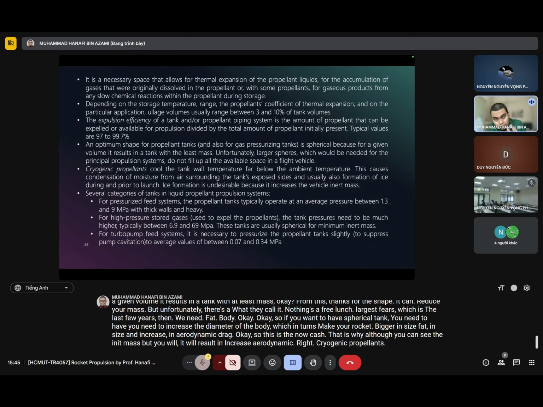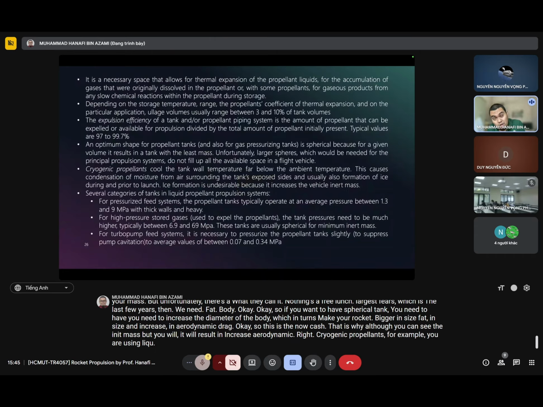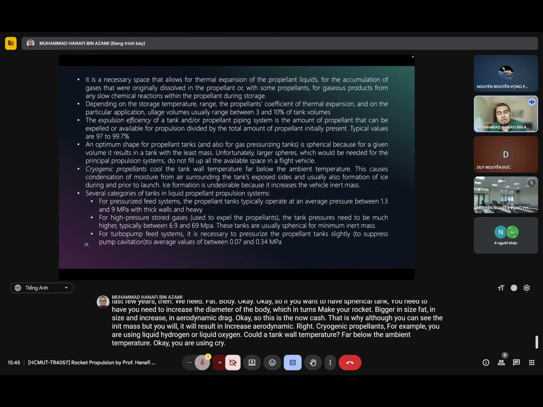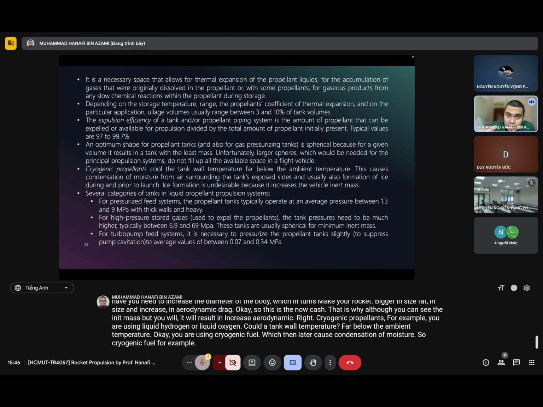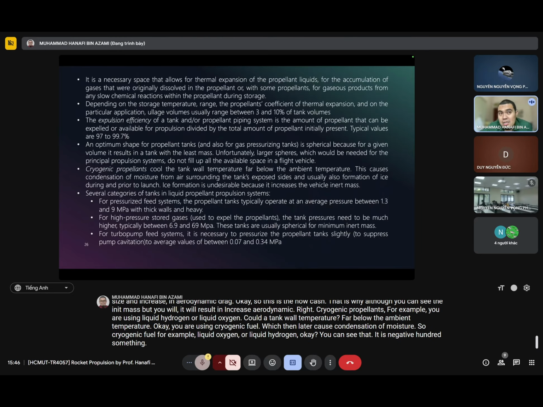Cryogenic propellants, for example liquid hydrogen or liquid oxygen, cool the tank wall temperature far below the ambient temperature, which then causes condensation of moisture. Cryogenic fuel, for example liquid oxygen or liquid hydrogen, is at negative 100-something degrees Celsius.